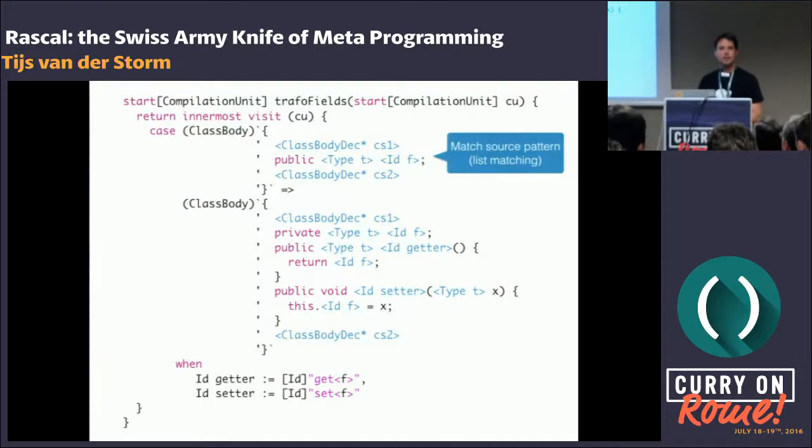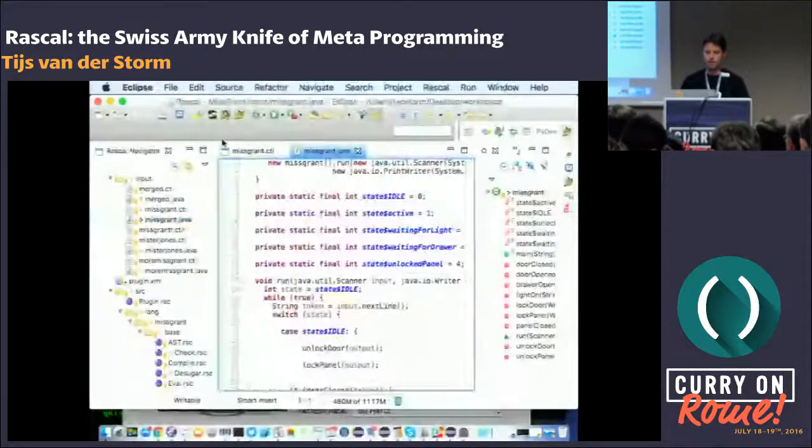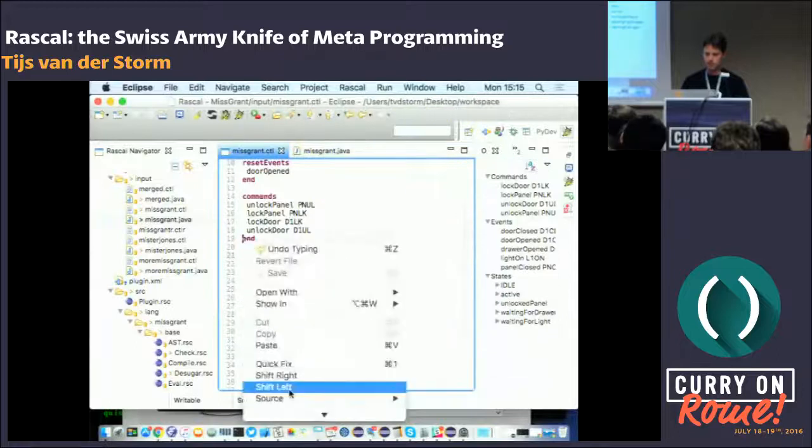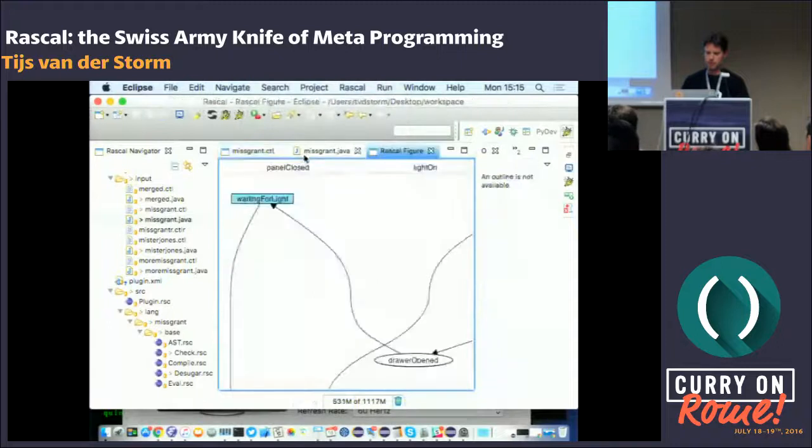Okay. Yes, Jeremy? You mentioned something about visual simulation and having support for that. Does that go as far as having a debugger for your DSL or not quite? Not yet. So this Miss Grant language has, you could say, a custom debugger.